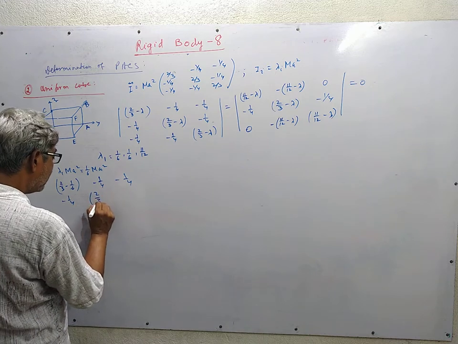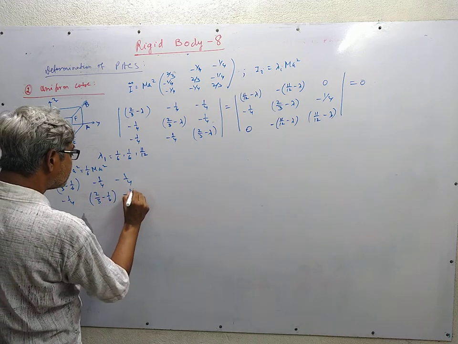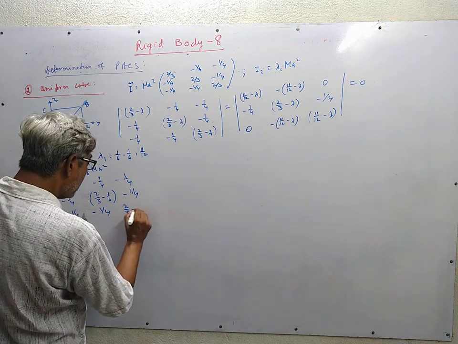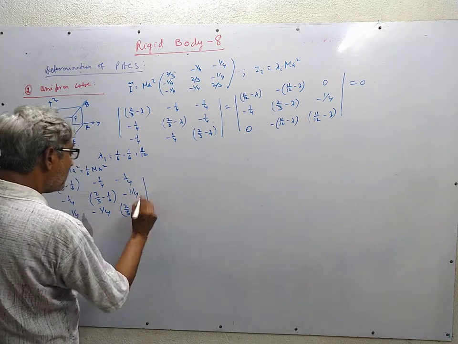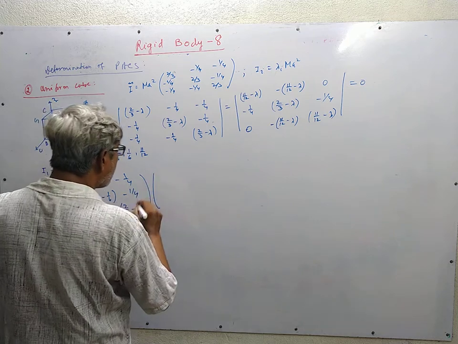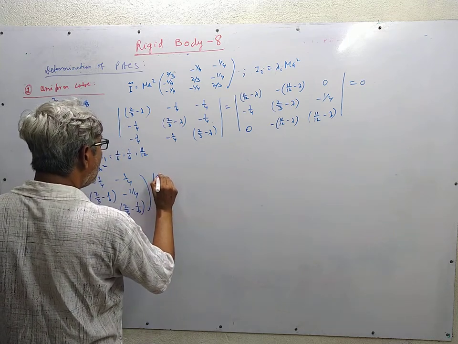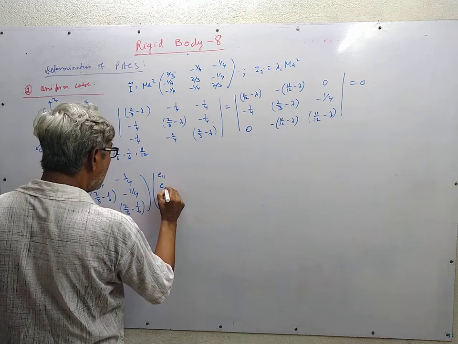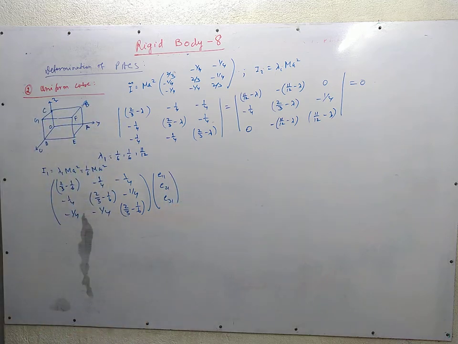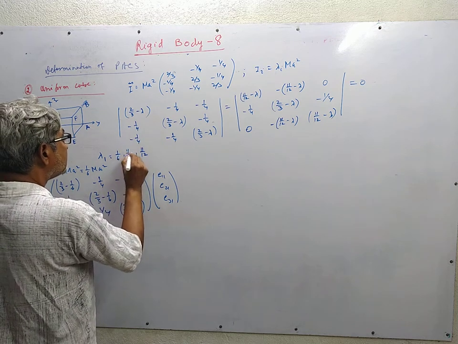This is 2 by 3 minus 1 by 6, minus 1/4. The other root is 11 by 12.